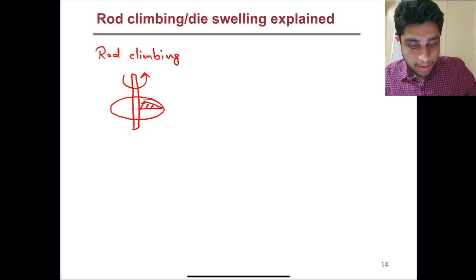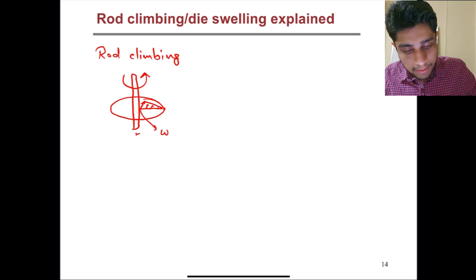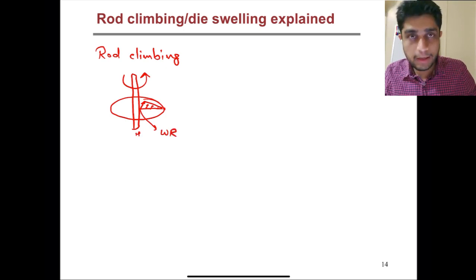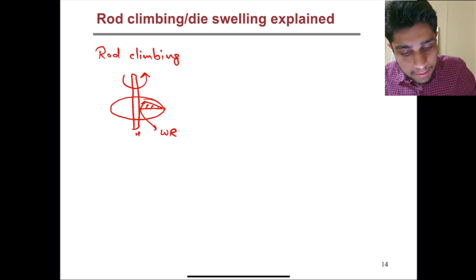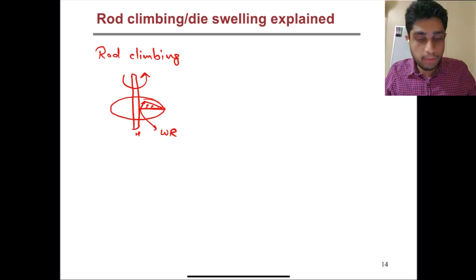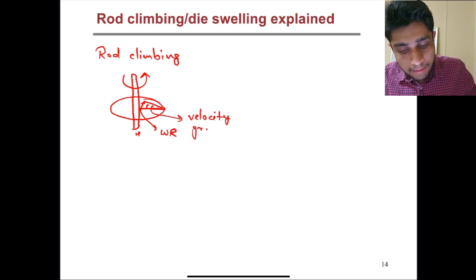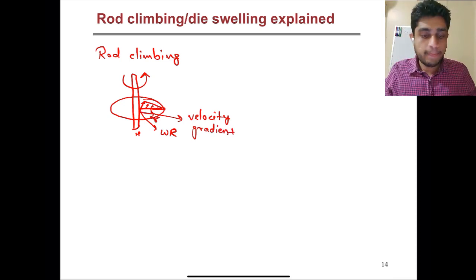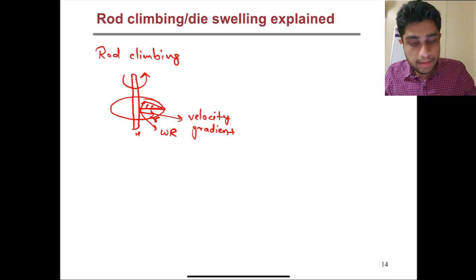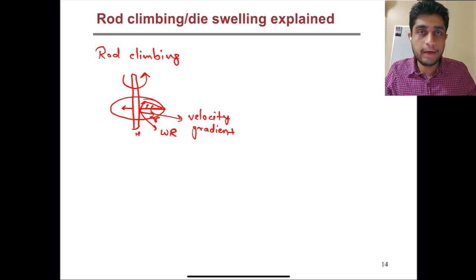It is 0 at the outer edge, and it is omega times the radius of the rod at the rod surface. If we assume a linear velocity profile, we can see that there is a velocity gradient in the radial direction, and because of that there are shear stresses in the radial direction.